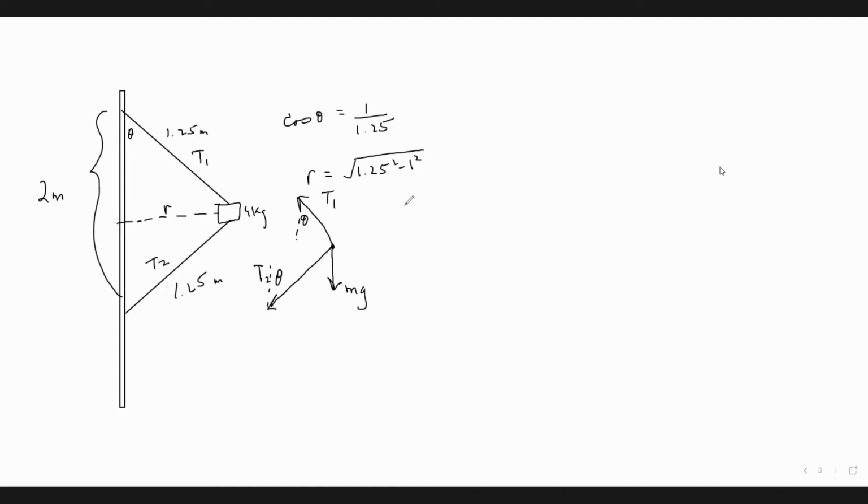T1 cosine theta minus T2 cosine theta minus mg equals 0.